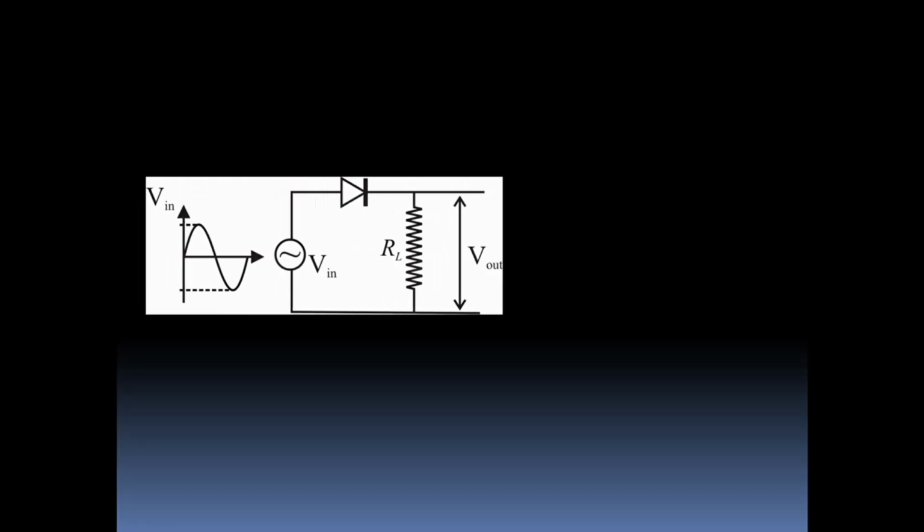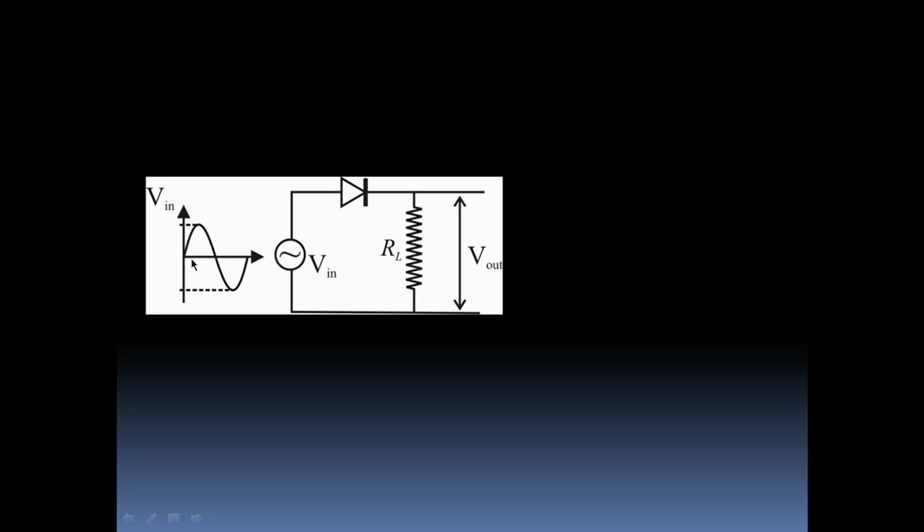Now consider this circuit. This is a very simple circuit diagram which can be used for the rectification. Here we have the alternating supply. The alternating supply has the variation of voltage with time as this. We have the load resistance RL.